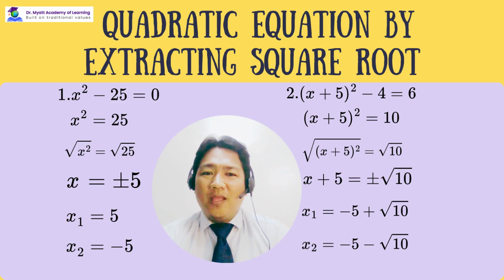Using the square root property by getting the square root of both sides of the equation, we have the square root of x plus 5 quantity squared is equal to the square root of 10. So x plus 5 is equal to plus or minus the square root of 10. So our x sub 1 is equal to negative 5 plus square root of 10, and x sub 2 is equal to negative 5 minus square root of 10.